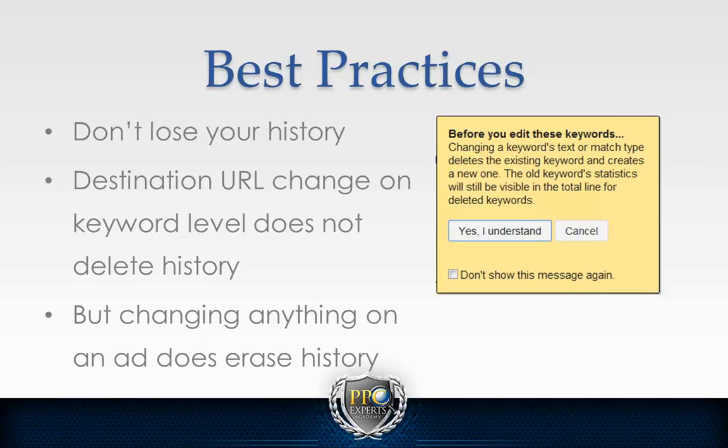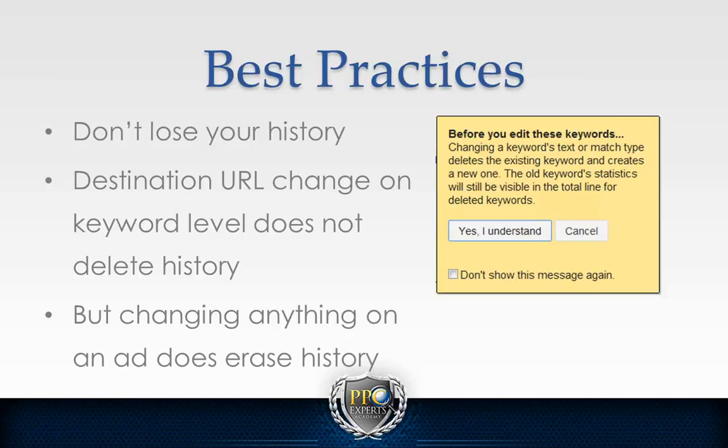On the keyword level, you actually have a destination URL, just like you do on an ad. And when you have a destination URL on the keyword level, it overrides the destination URL on the ad. You can change that destination URL and even add it if it doesn't have it already, and it doesn't mess with the history.